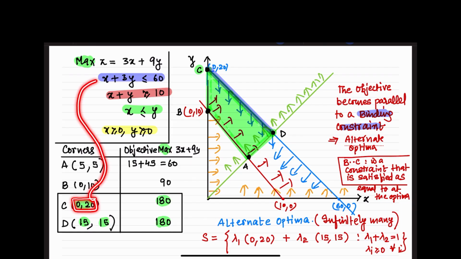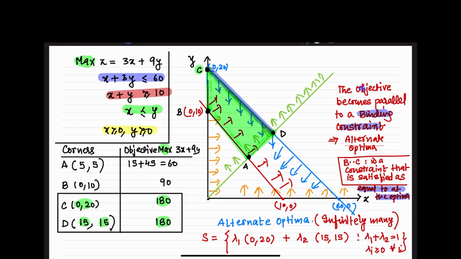If you put 0, 20 in this constraint, it will actually be equal to 60, because 0 plus 3 into 20 is equal to 60, not less than. This became fully equal. What about this point? If you put it here, what will come? 15 plus 45. This is fully equal to 60. So a binding constraint is a constraint which is satisfied as equal to at the optima, that is, there is no scope of less than on it, it becomes exactly equal to. Such a constraint is called binding.